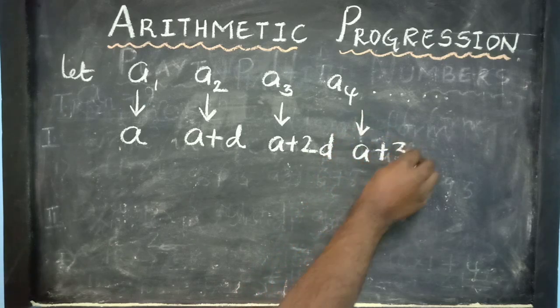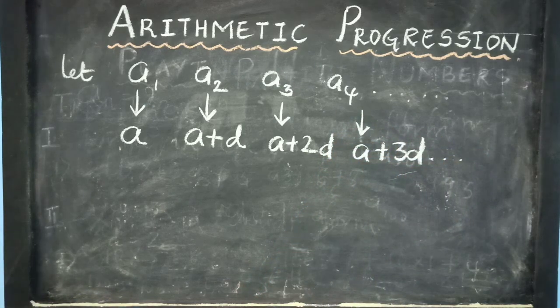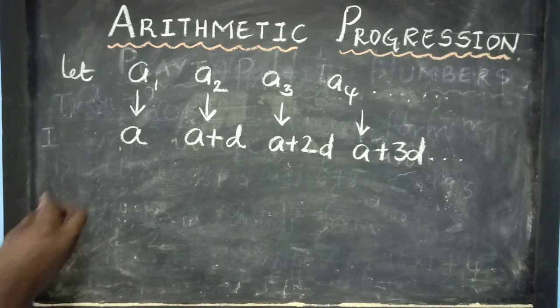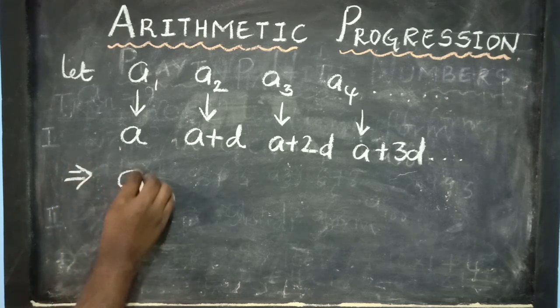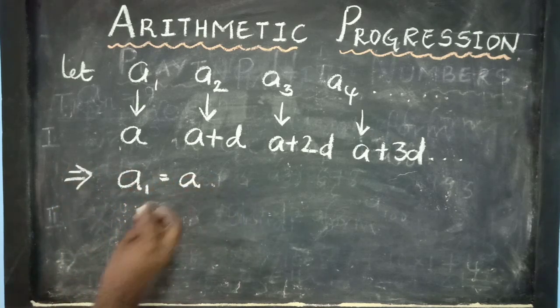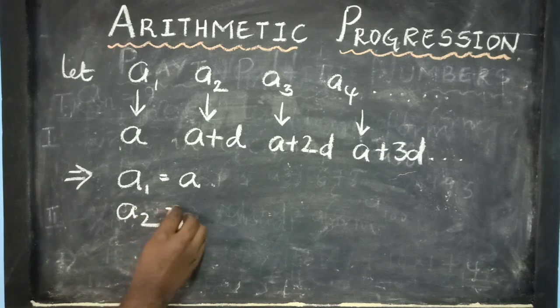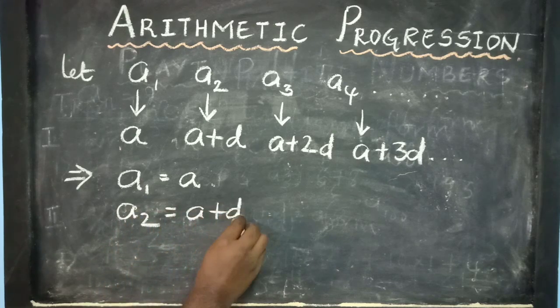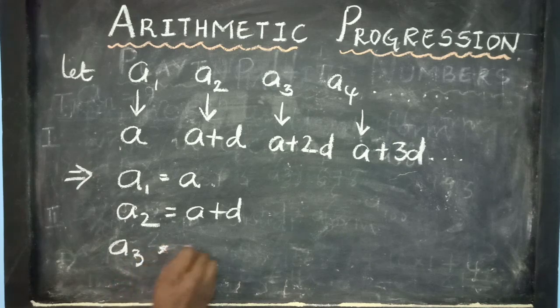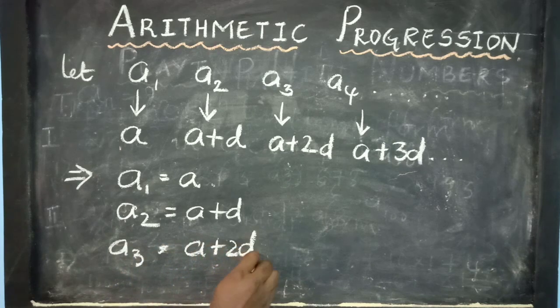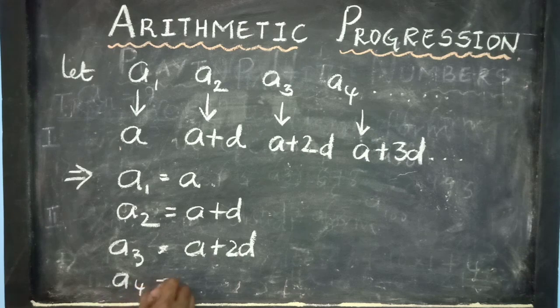A plus 3D and the list goes on. So, in a simpler way I can write A1 equals A, A2 equals A plus D, A3 equals A plus 2D, A4 equals A plus 3D and the list goes on.